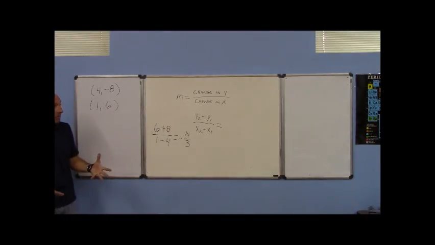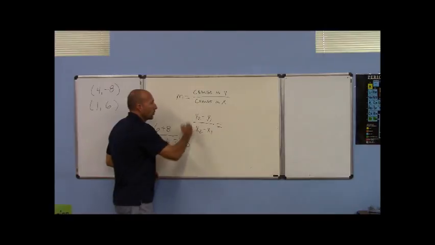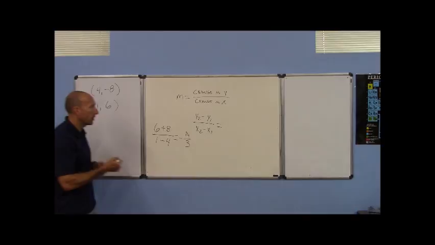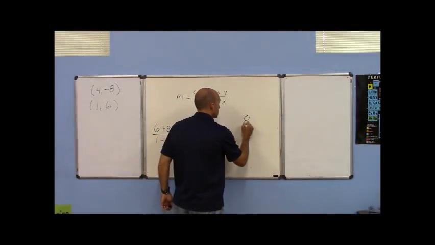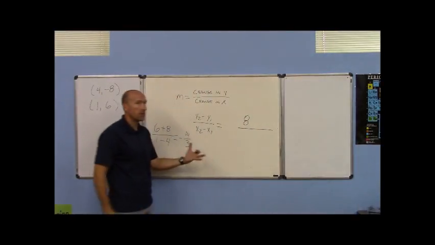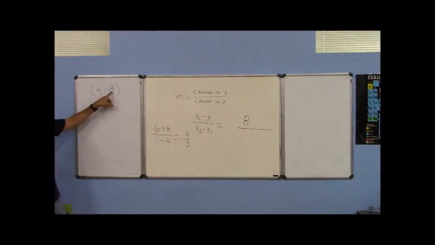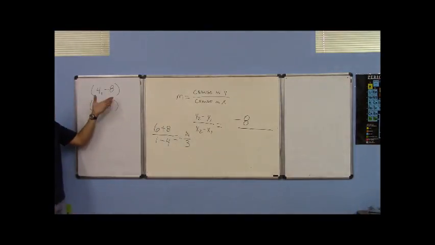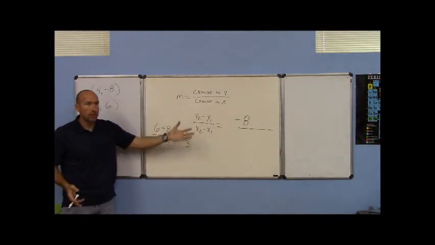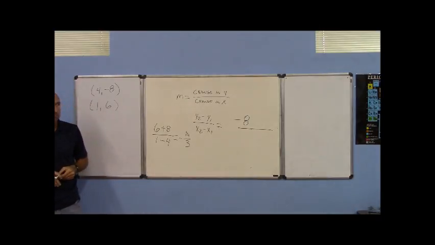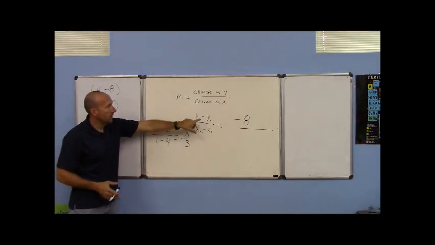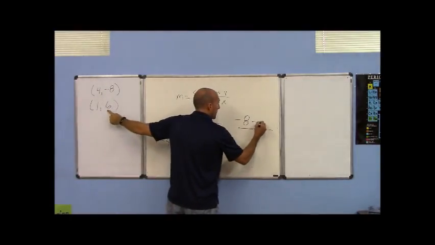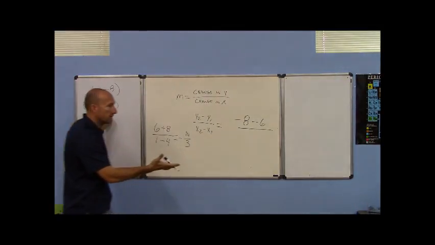Yeah. Now, what's interesting about this standardized form, y2 minus y1 over x2 minus x1, is this: what if we started with negative 8? Well, that's the first point, but say we start with it anyway.